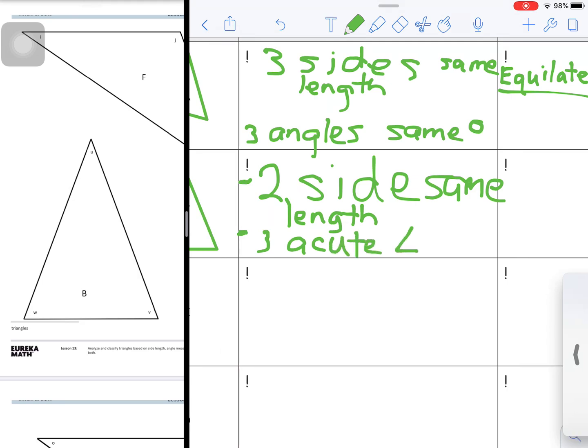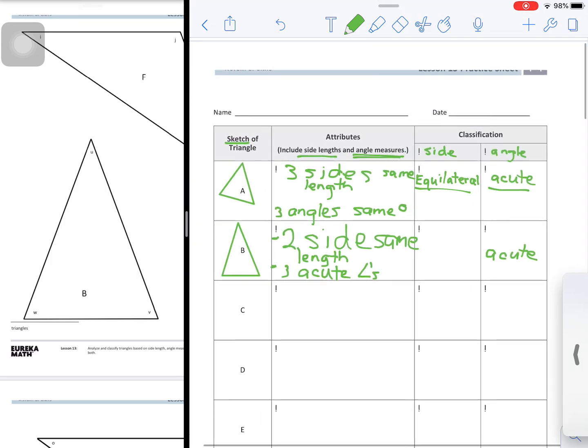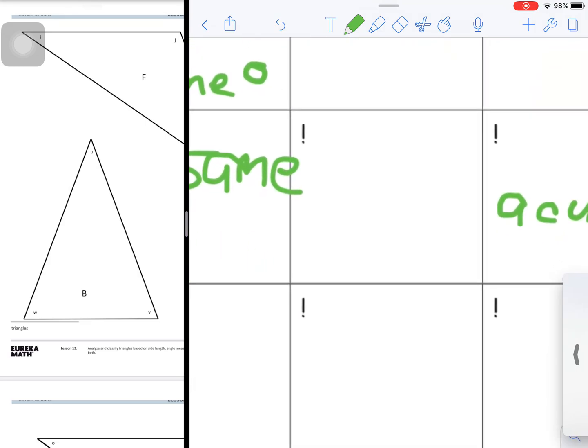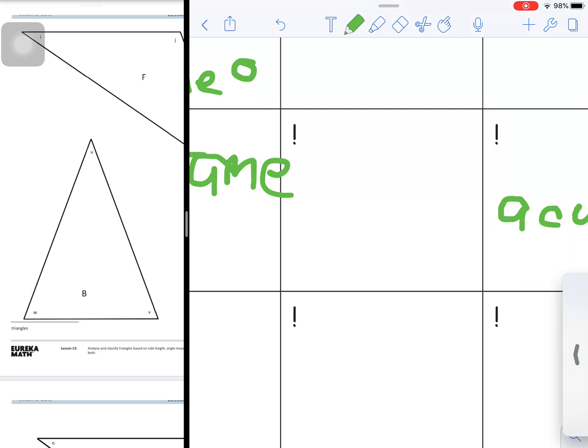And I'm going to use my little symbol for angles. 3 acute angles. Okay, so we have a special name for a triangle that has 3 acute angles but is not an equilateral. It has only 2 sides that are the same length. And we call that an isosceles triangle. And that's what we're going to write in this chart.